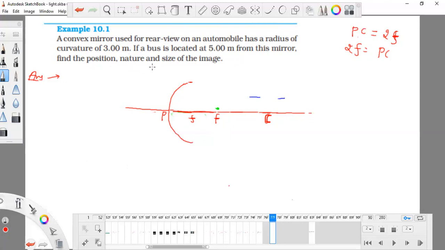I don't need to learn what the radius of curvature is, but I know that the center of curvature is known as C. We studied that any line originating from C and touching the mirror is considered as R. We knew this, we studied this.